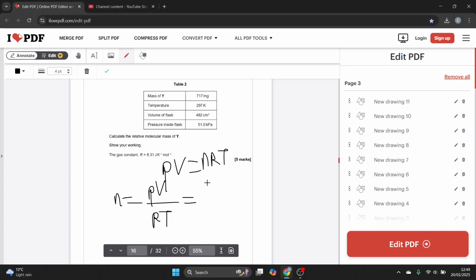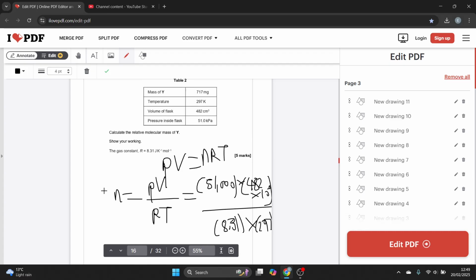Then converting the units, you just need to memorize the correct units. 51,000, measure pressure in pascals, volume in meters cubed, so centimeters cubed to meters cubed, you divide by a million. R is 8.31, it gives it in the question. Temperature in Kelvin, it's already in Kelvin.